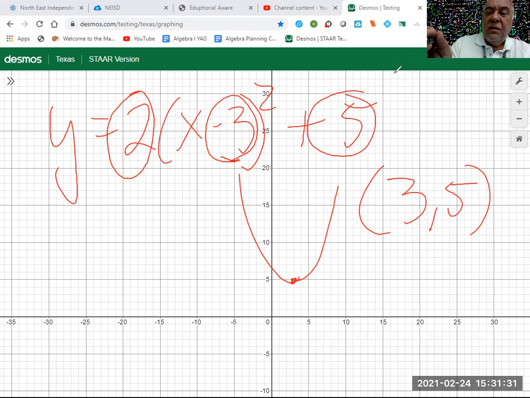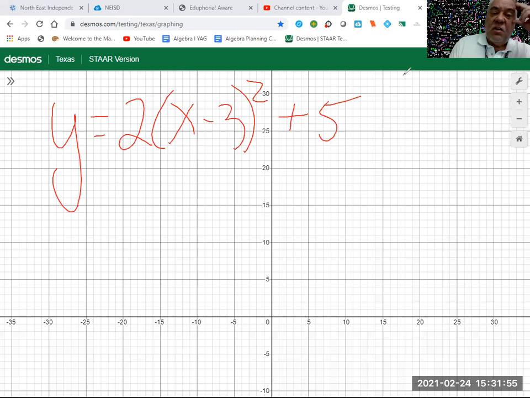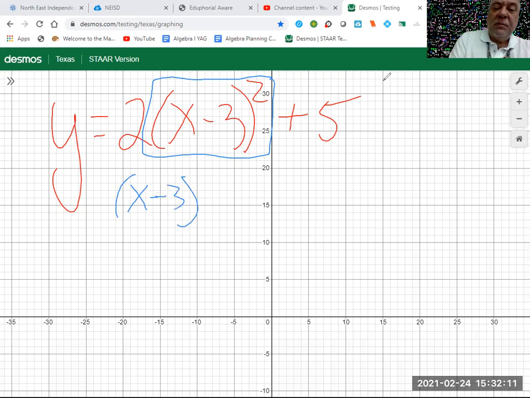Now, I need to show you something else real quick. If you're asked to convert from vertex form to standard form, it's pretty easy. You just multiply it out, starting with the parentheses and the exponent first. So (x minus 3) squared is (x minus 3) times (x minus 3).